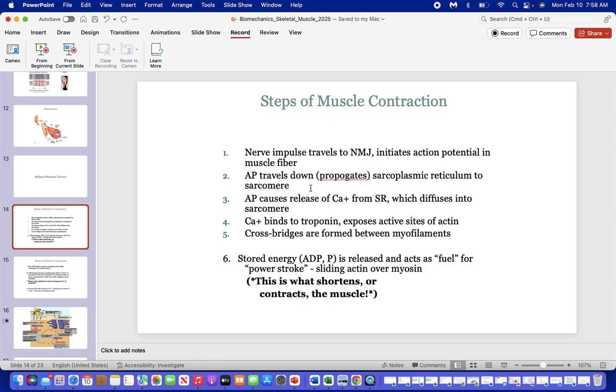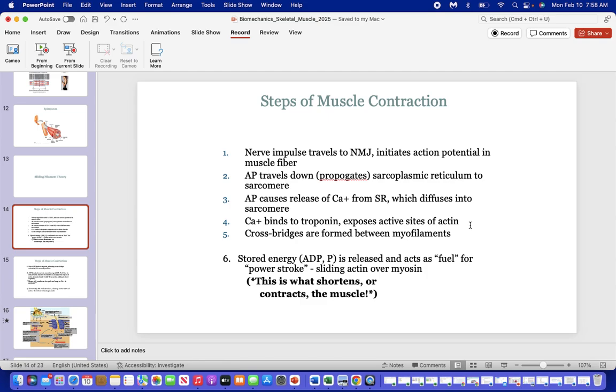The action potential travels down or propagates the sarcoplasmic reticulum to the sarcomere. The action potential causes release of calcium ions from that sarcoplasmic reticulum, which then diffuses into the sarcomere. The calcium binds to the troponin, which exposes active sites of the actin.